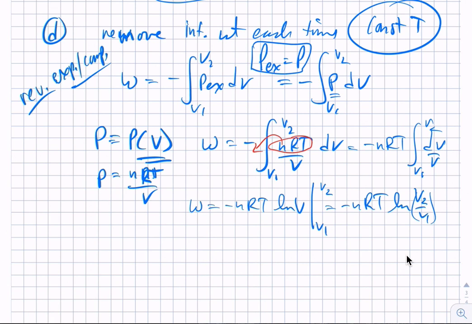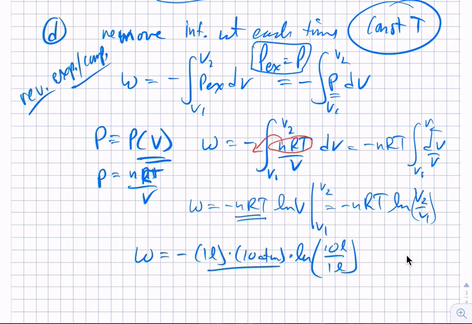And in our case, we know that nRT is equal to PV, which will mean work is equal to minus 1 liter times 10 atmospheres, and the temperature I didn't tell you what it is, but oh, not temperature, silly me, because we already took care of that as the nRT, times the natural log of V2 over V1, which is going to be 10 liters divided by 1 liter.